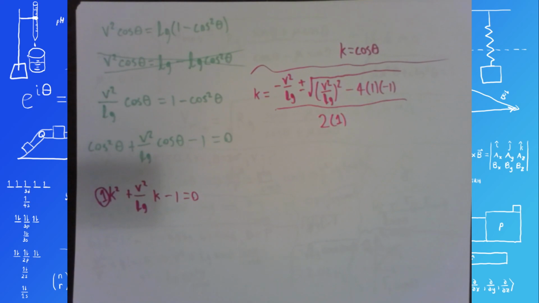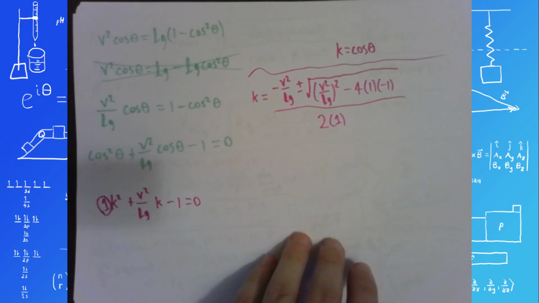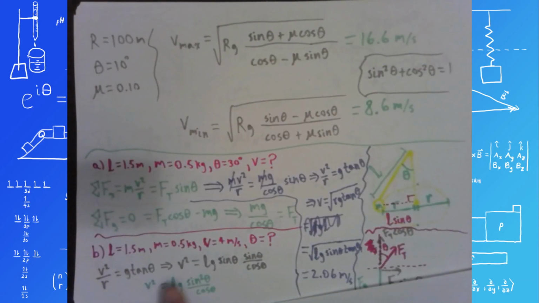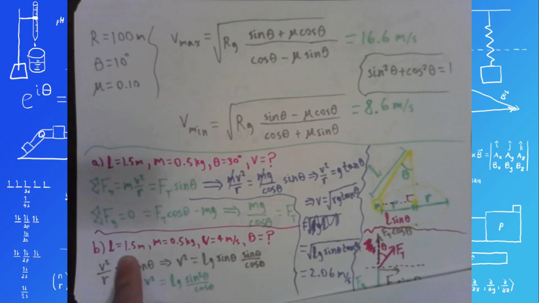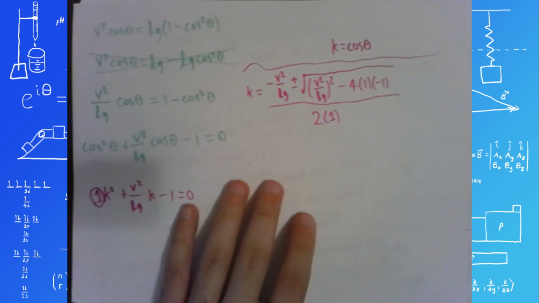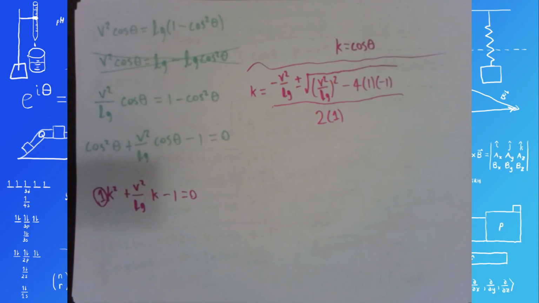Okay, from here we can start plugging in numbers to figure out which of our k's we want to actually use. Let me grab my calculator. Let me calculate v squared over lg separately because I'm going to need it in here too. We've got 4 squared over 1.5g, so 16 over 1.5 times 9.8.